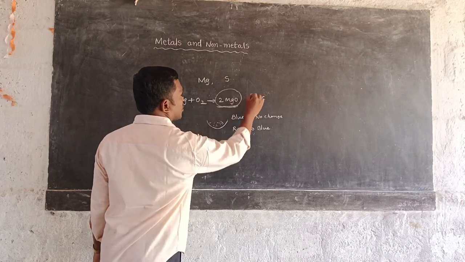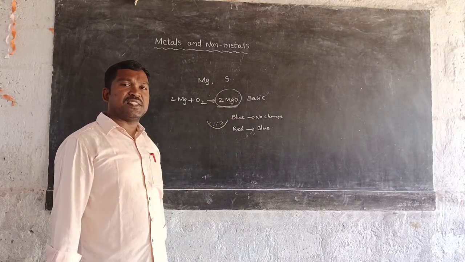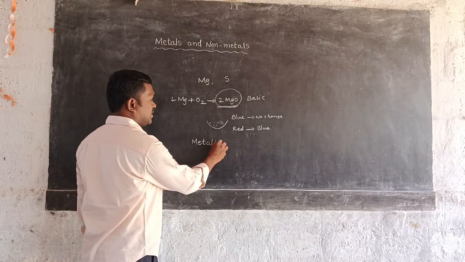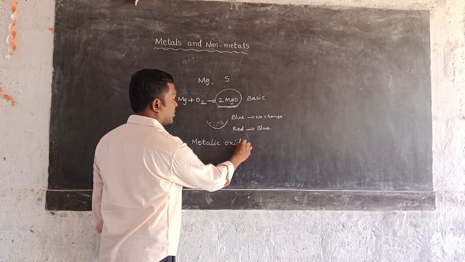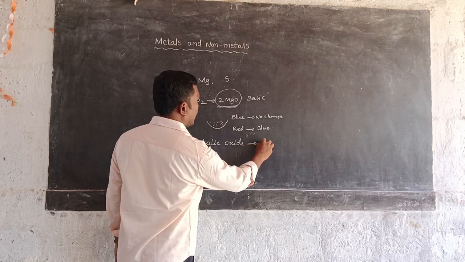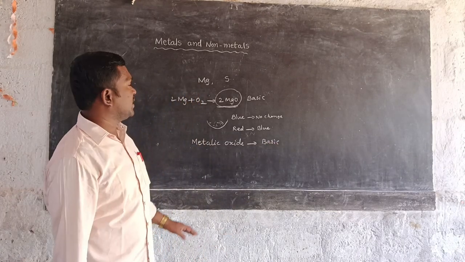So magnesium oxide nature is basic nature. So all metallic oxides are basic in nature. In this activity we see that metallic oxide nature is basic nature.